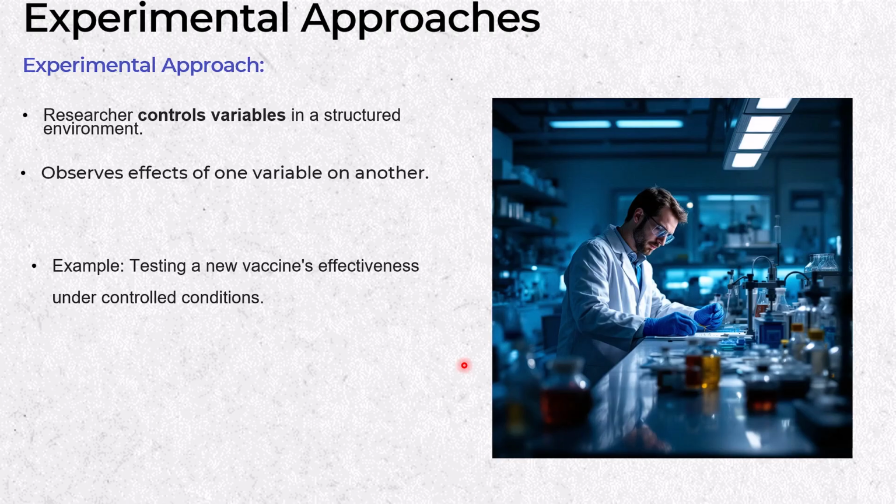For example, here we have testing a new vaccine's effectiveness under controlled environment. That's an experimental approach. When we are testing a new vaccine, we have to take some people, and we have to administer the vaccine.